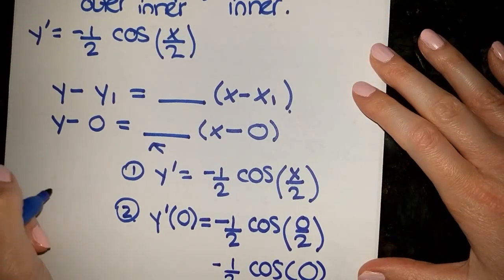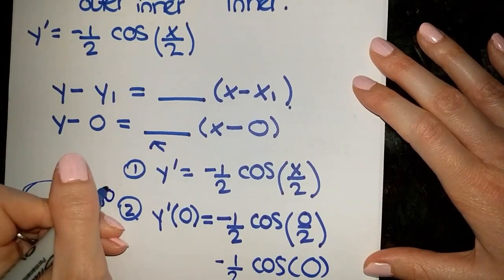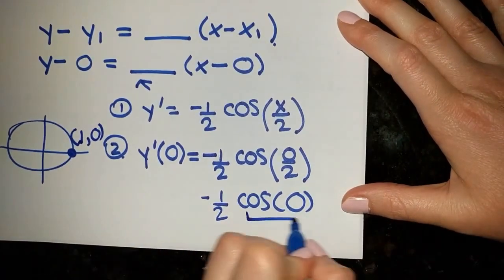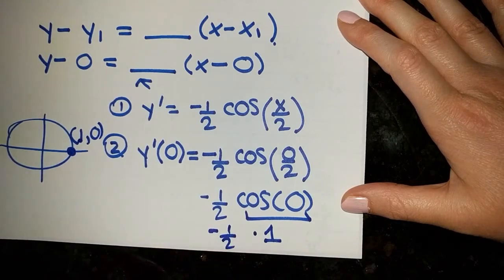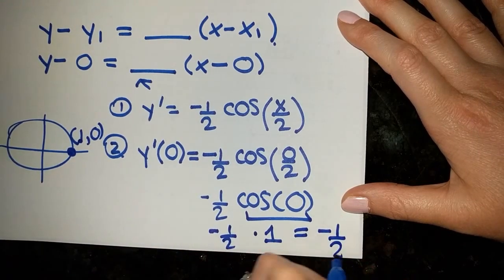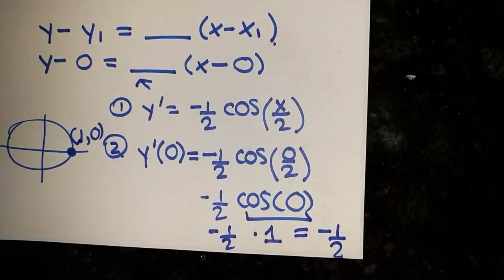So on the unit circle, cosine of 0 is over here. The x coordinate is 1. So this cosine of 0 becomes 1, but then it's being multiplied by negative 1/2. So we find that our derivative evaluated at that x value is negative 1/2.